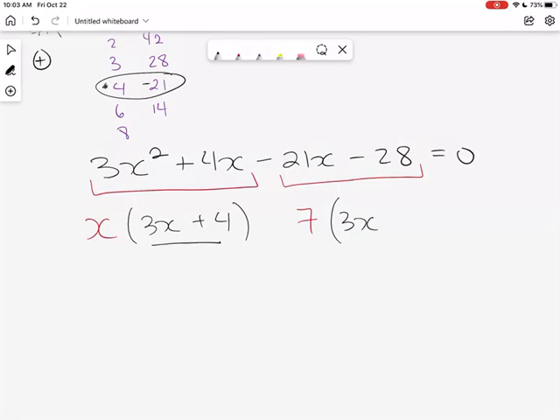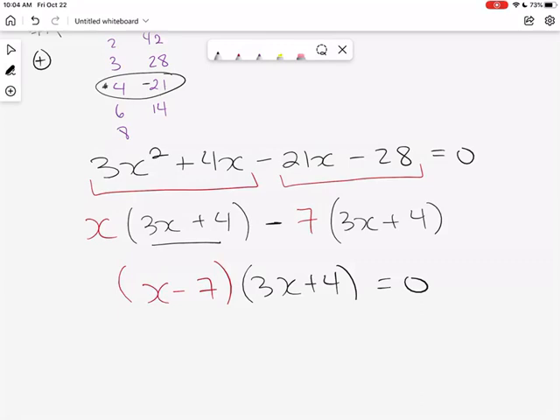Now I want these to be the same, so I will say plus 4, and because I have a negative in front of the 28 and in front of the 21x, that means that this should be negative as well. Okay, so now that I have this expression, I can factor out my x minus 7 times 3x plus 4.